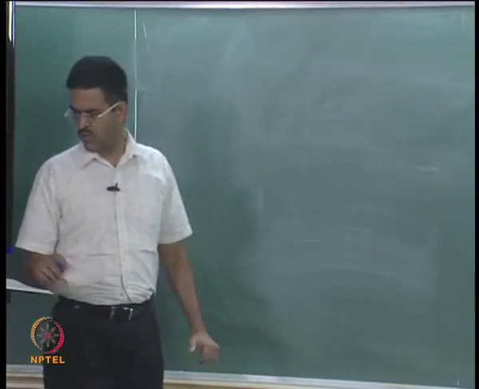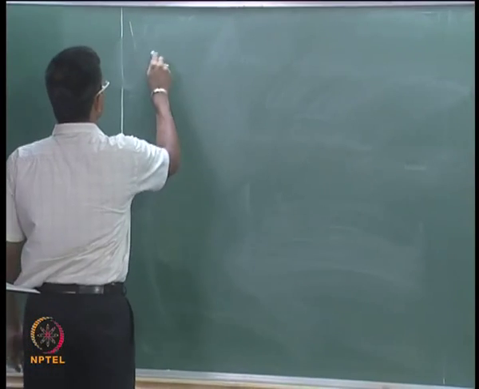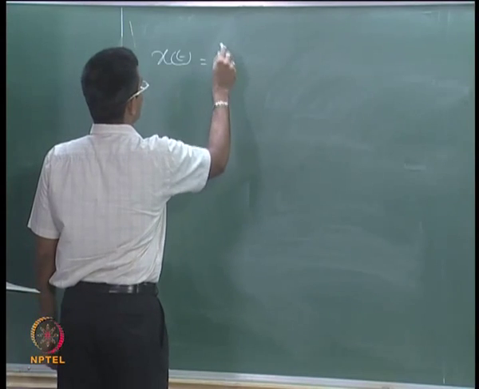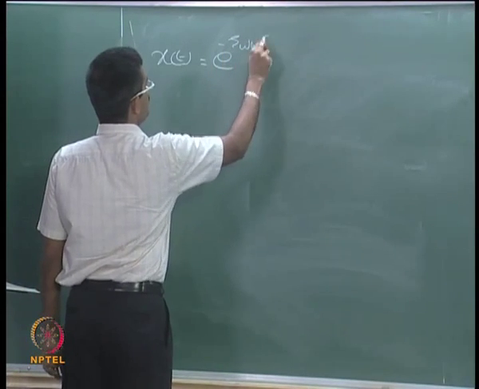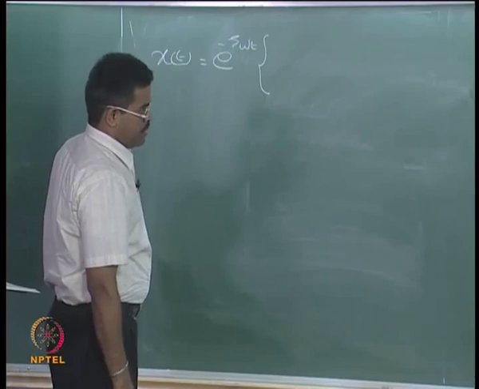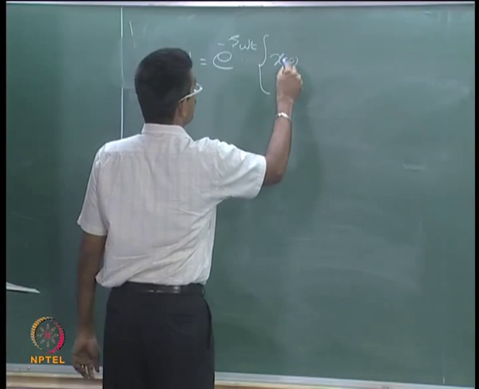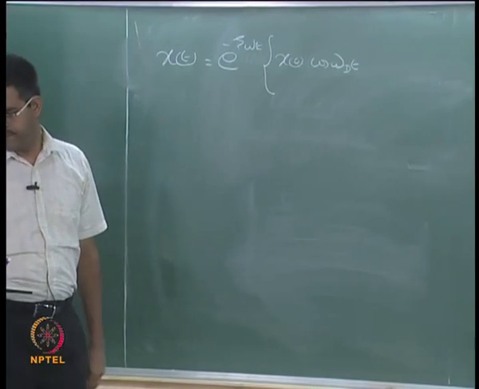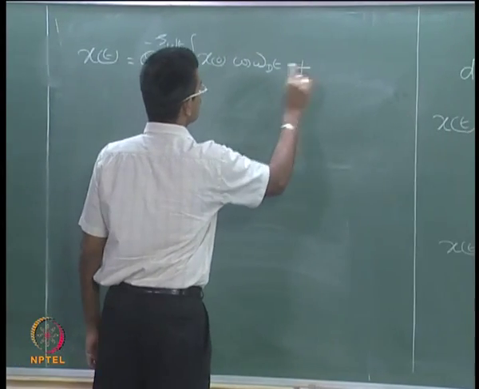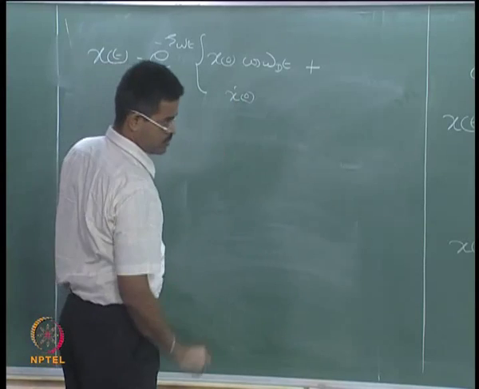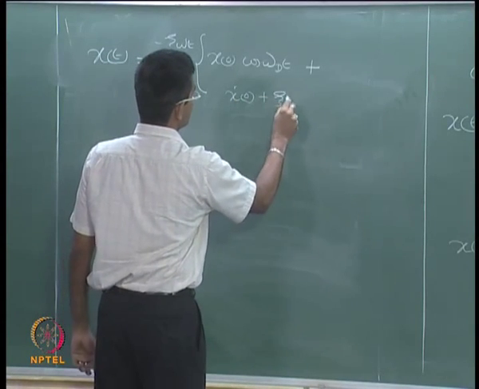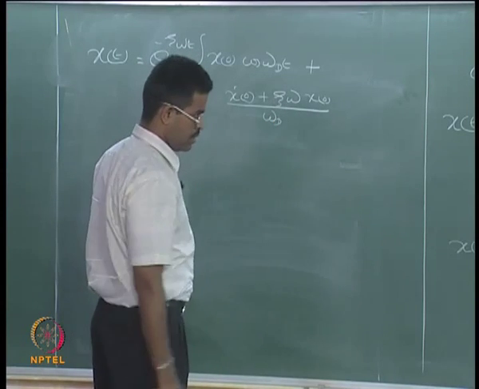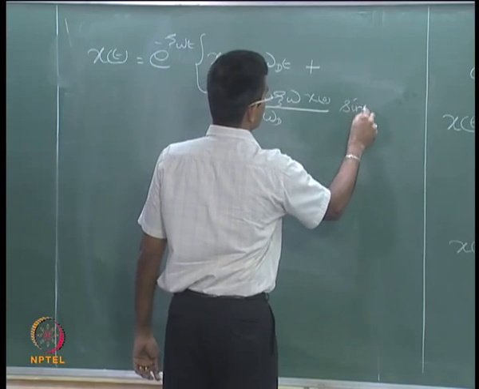So, the complete equation I have here is x of t is equal to e to the power of minus zeta omega t, x 0 cos omega dt plus x dot 0 plus zeta omega x 0 by omega d of sin omega dt.